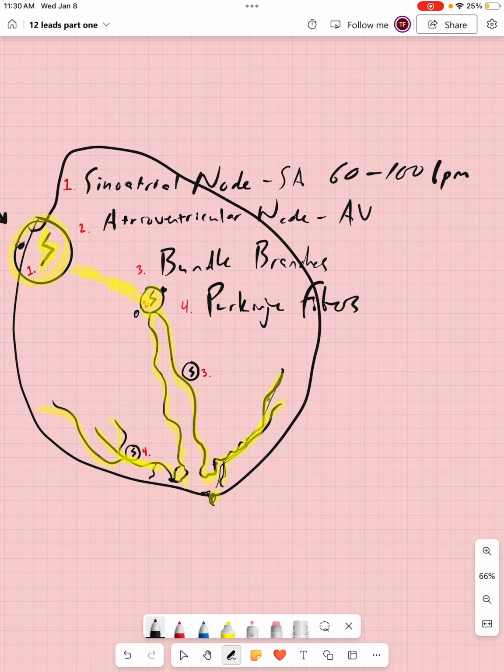So let's say, I'm going to use an analogy here. Let's say we got our SA node, our AV node, our bundle branches, and our Purkinje fibers. Let's say they are avid sports fans. They're avid football fans, and we'll say our SA node, it's a big game for their team on Sunday night, and they're super excited.